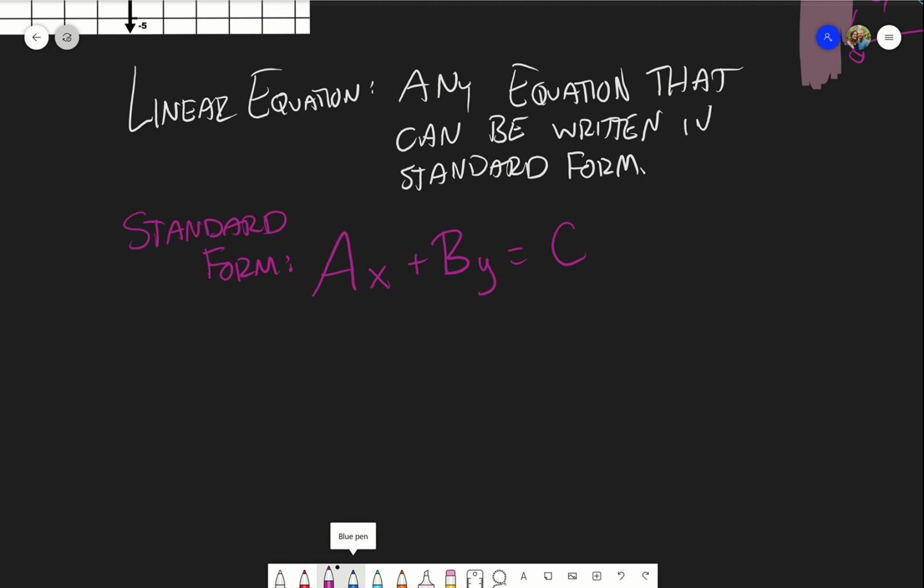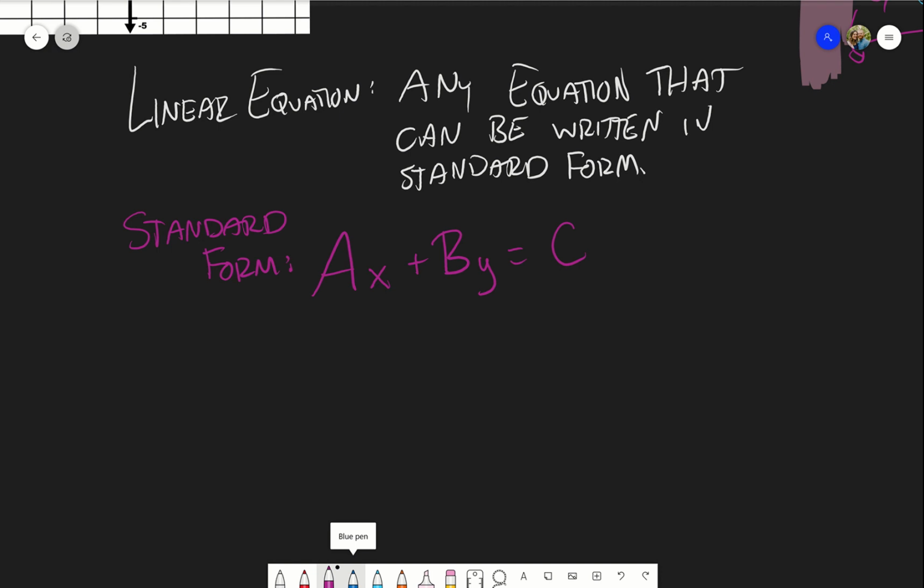So we're going to spend most of our time here today talking about standard form, what this looks like, and how we use it. Just looking ahead, when we talk about linear equations, we're going to be dealing with basically three or four forms. One of them is standard form.